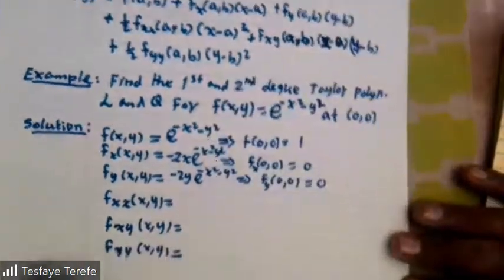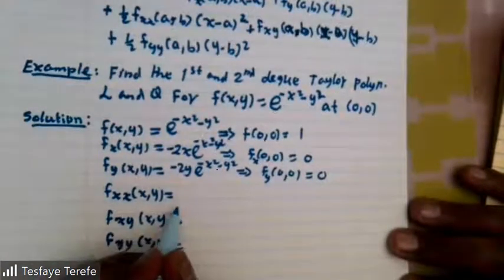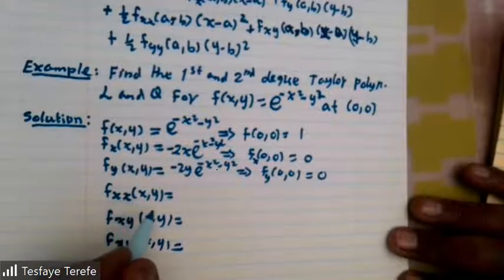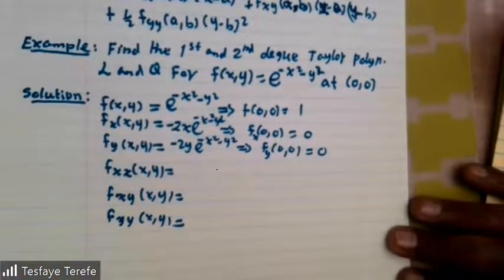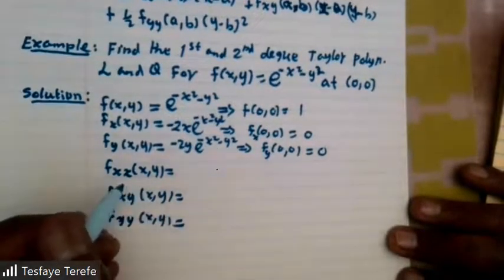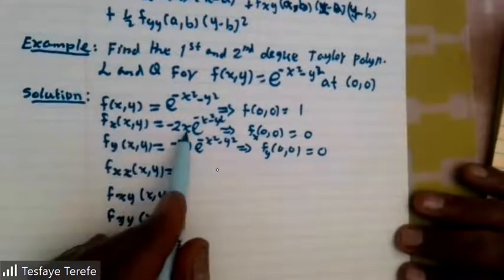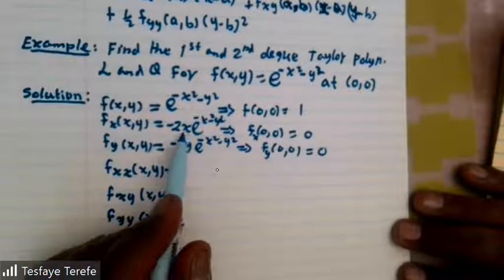Now let us find the second partial derivative with respect to x twice. We differentiate the first derivative, so we apply the product rule.